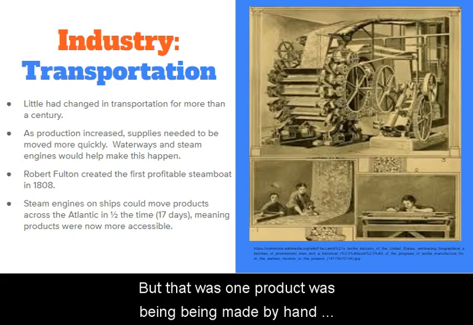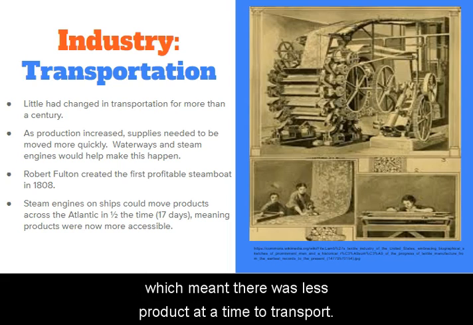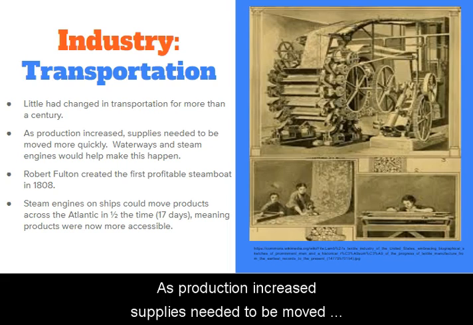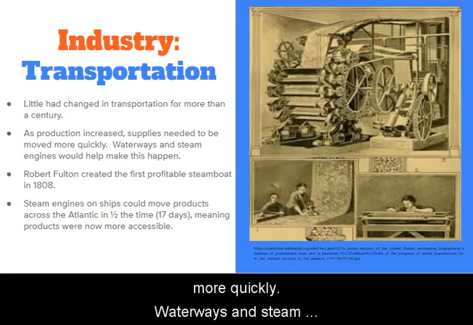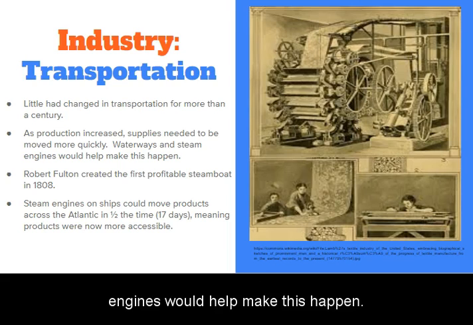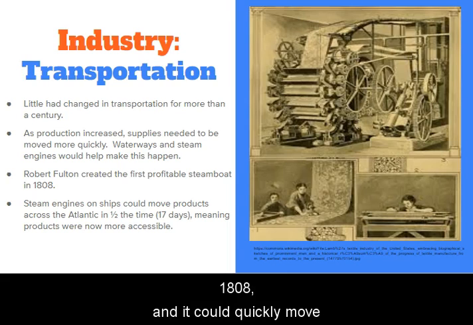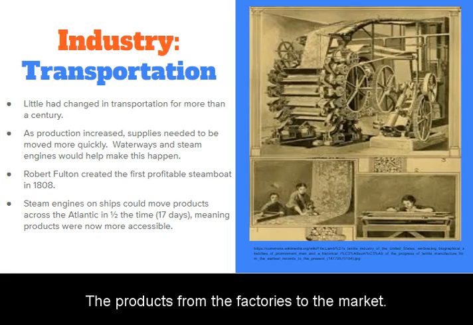But that was when product was being made by hand, which meant there was less product at a time to transport. As production increased, supplies needed to be moved more quickly. Waterways and steam engines would help make this happen. Robert Fulton created the first profitable steamboat in 1808, and it could quickly move the products from the factories to the markets.